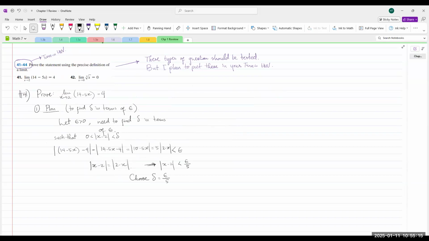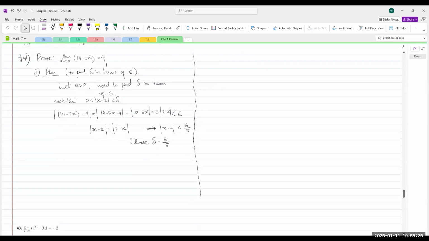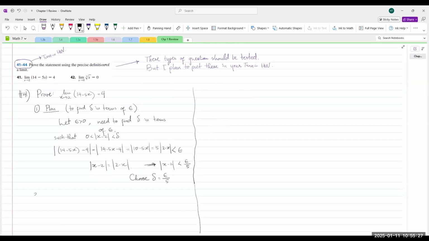Now let me do the second step. Oh, I'm going to use the right-hand side for number 42, so I go on further down. Step 2: we need to show that the delta we chose actually works. Let epsilon be any arbitrary positive number.